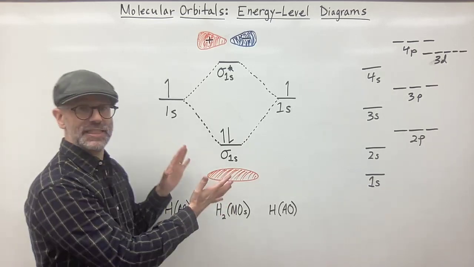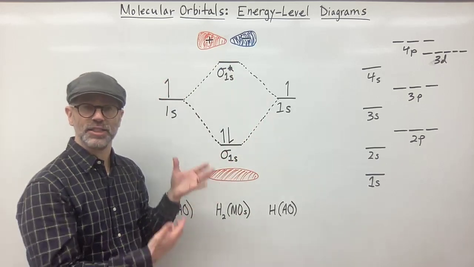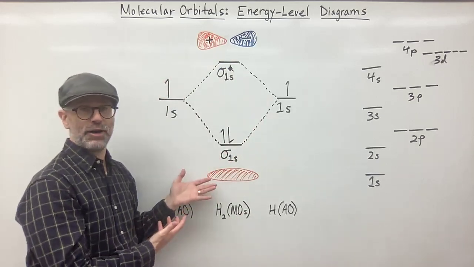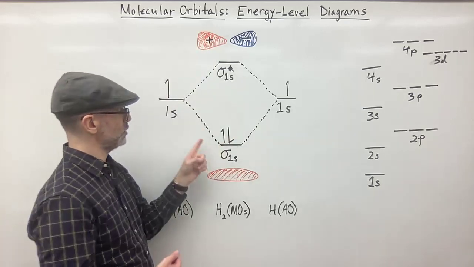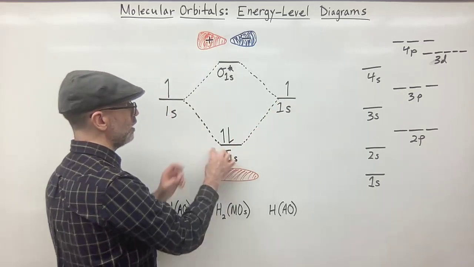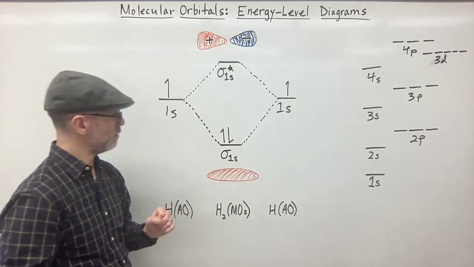So this is a very simple molecule, so we don't have a very complex molecular orbital diagram. We only have two molecular orbitals and two electrons. Those are going to come down here, fill in here with the two electrons, and then that's all we have.